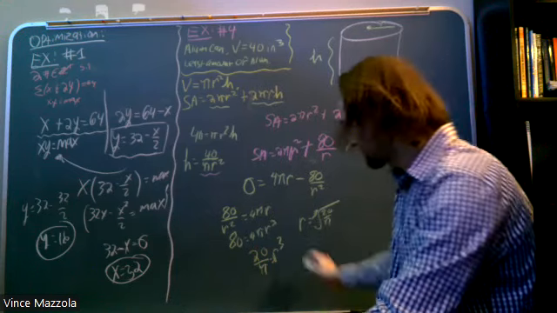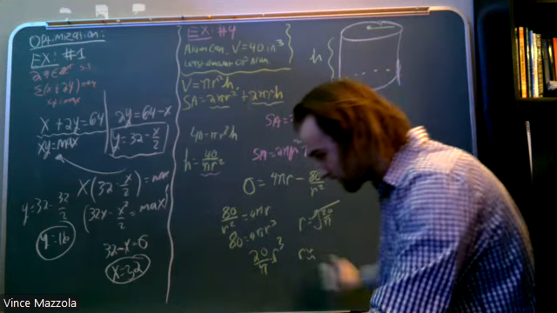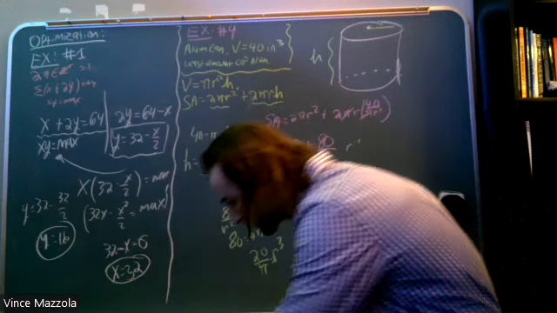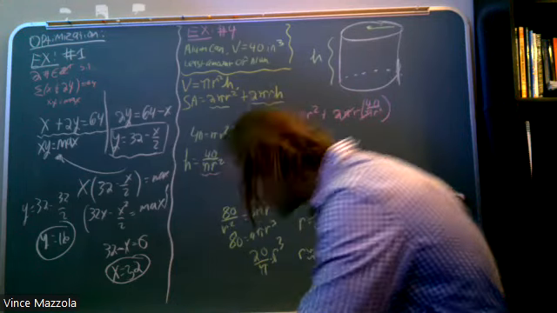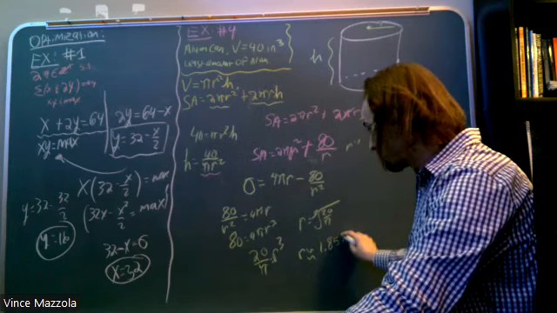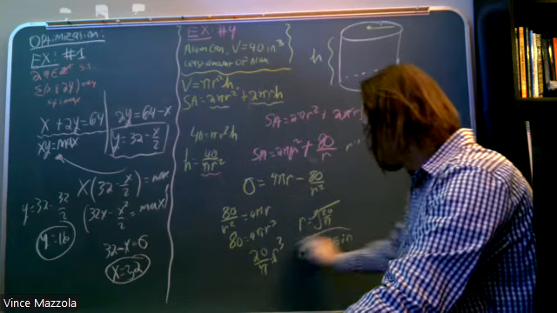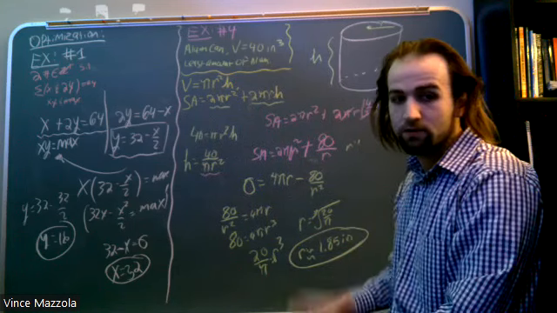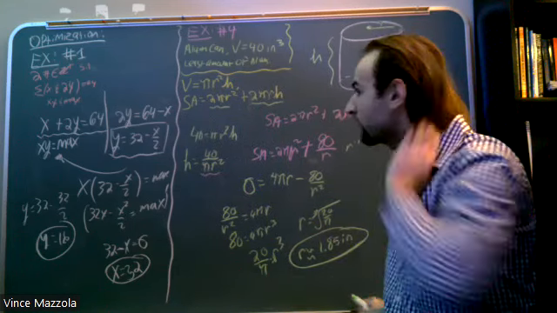Punching that in your calculator, you'll get a value of about 1.85 inches. How precise do you need to be? Well, it depends on if you're actually using this or not in real life, right?